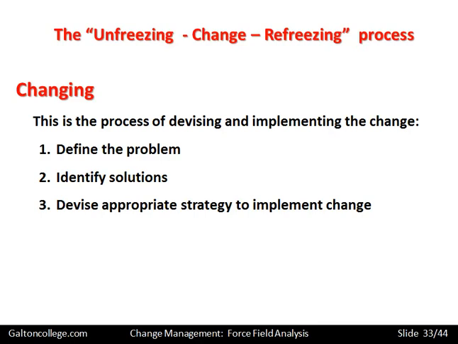And identify a strategy to implement the change. Having identified the solutions, how can change be implemented? What's the strategy? How can the strategy be implemented in a way that will take the workers and the management along with it? We will persuade the workers and the management that this is the best policy, this is what is needed.